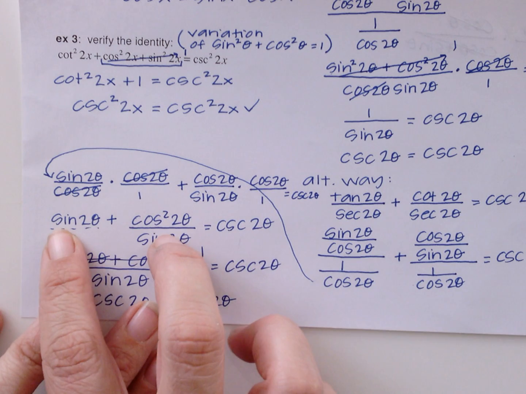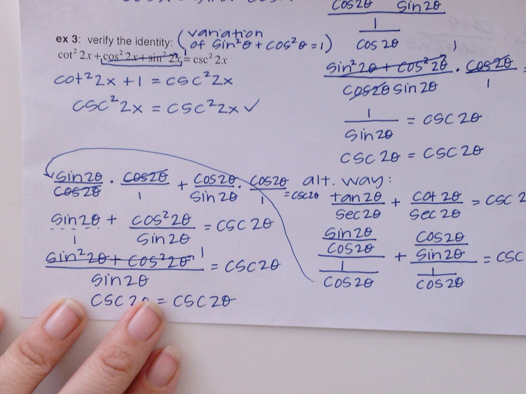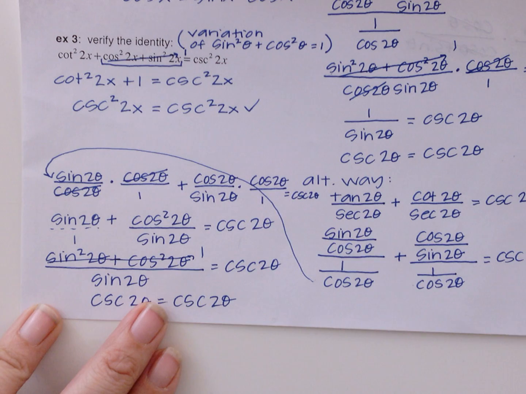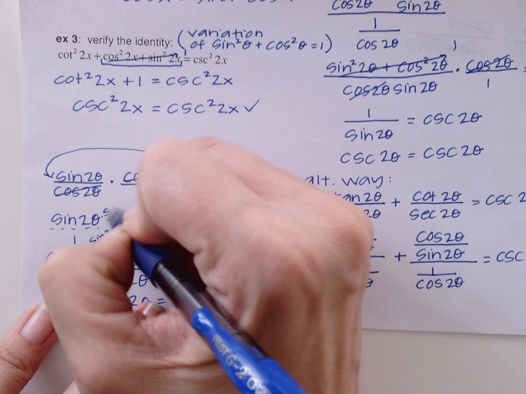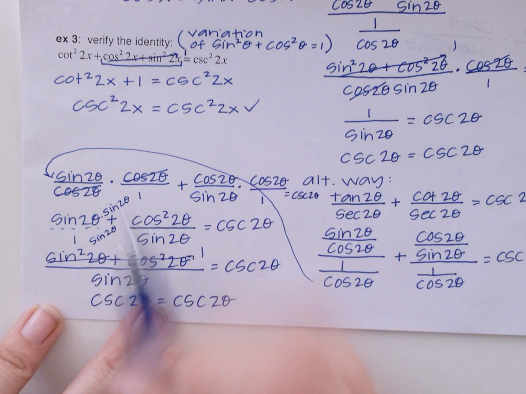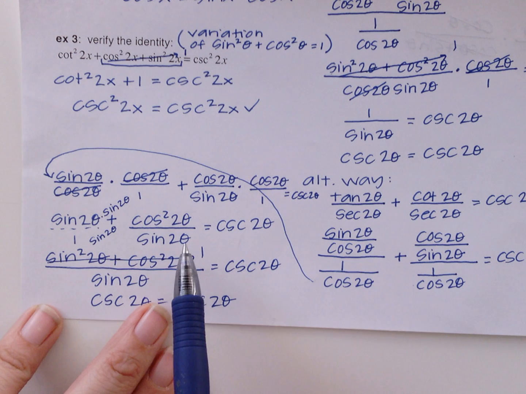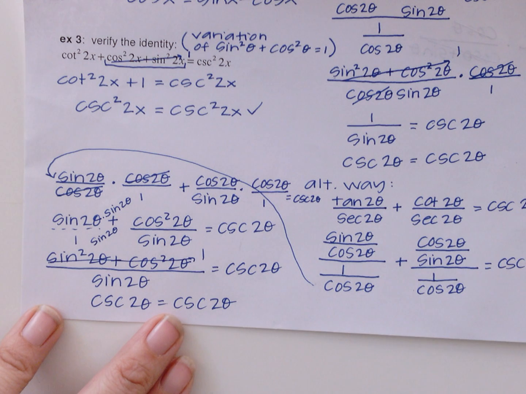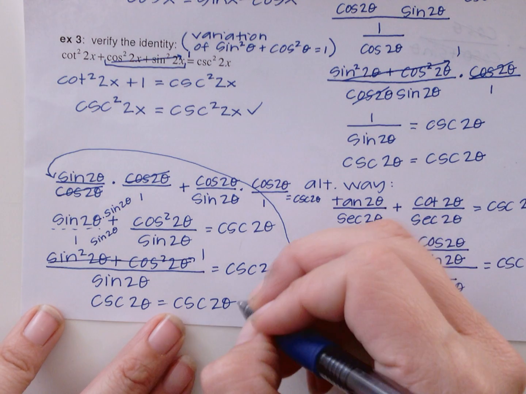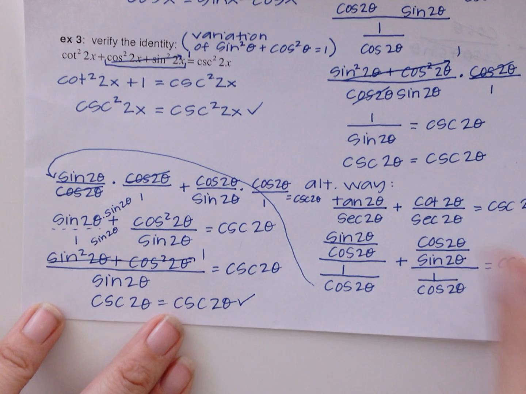Now I have 2 fractions, but again, I'm going back to 1 on the right side, so I went ahead and got common denominators. So this one would be a sine 2 theta, and this one would be a sine 2 theta. So I get sine squared 2 theta plus cosine squared 2 theta, which is 1 over the sine of 2 theta. So back to where we started, which is great, but a different approach, one that works.